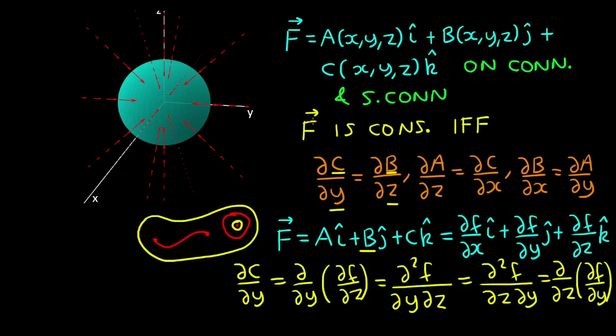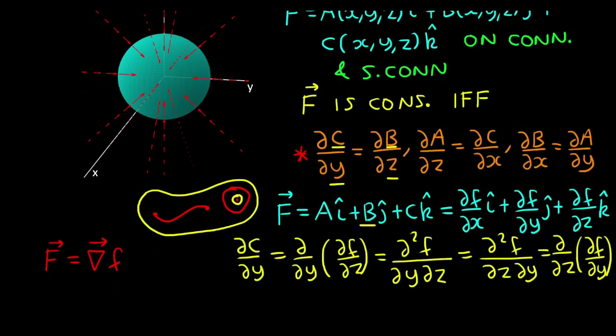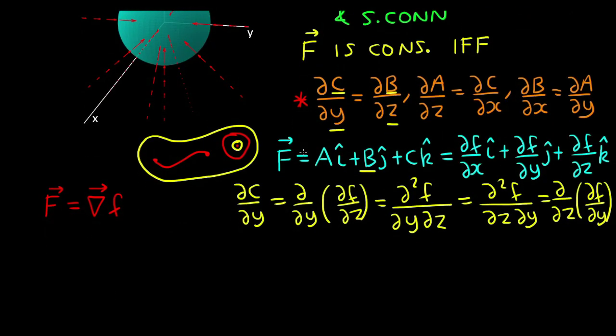So once we show that F is a conservative field using this component test, then we can find the potential function by solving F is equal to the gradient of f. So effectively, we're equating the left and right hand sides of this equation.